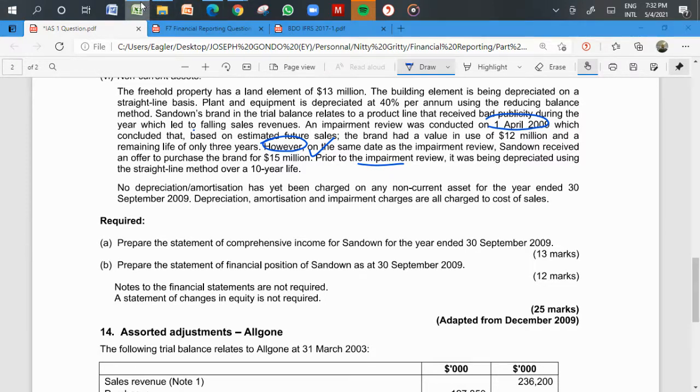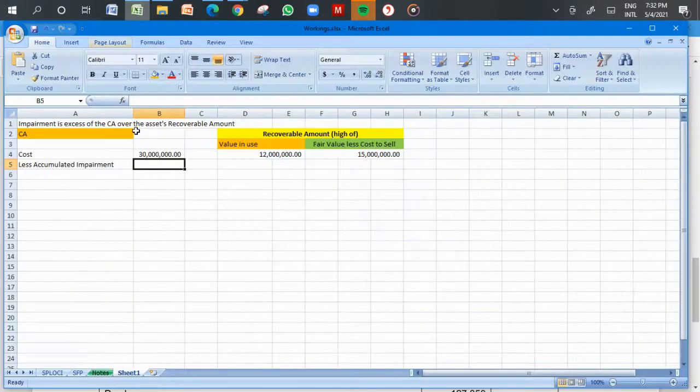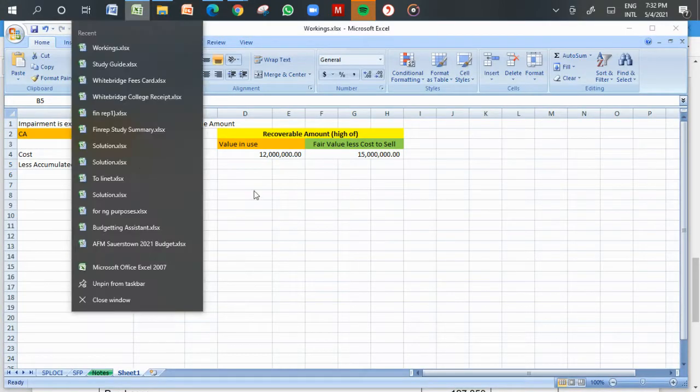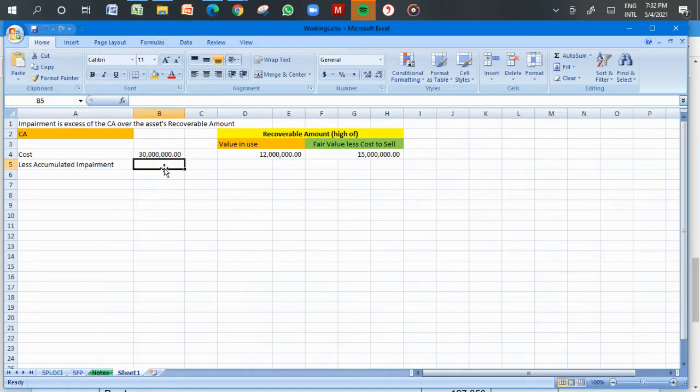So the cost is 30 million, then we divide it by 10 years, which is the useful life.